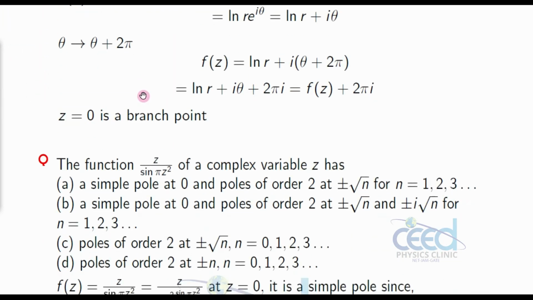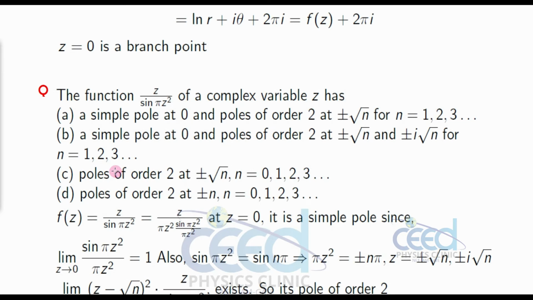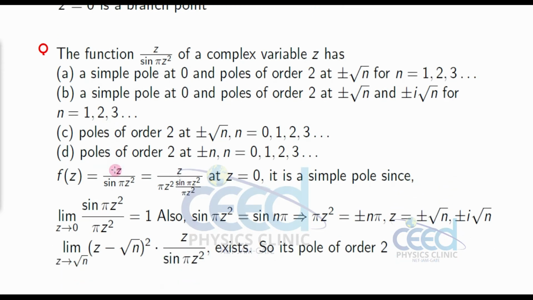Now another question: a function z by sin pi z square of a complex variable z has a simple pole. So what is the nature of this pole? Okay, so what I am doing is I can write f of z as z into sin pi z square, right?